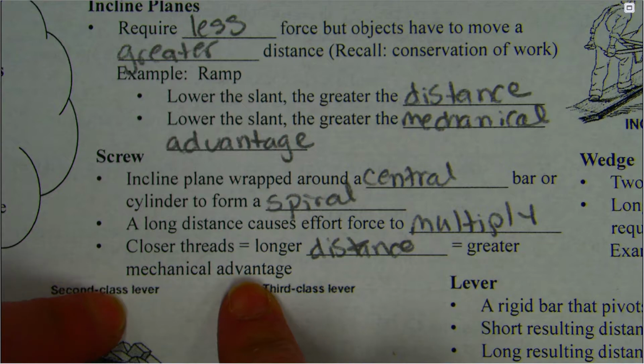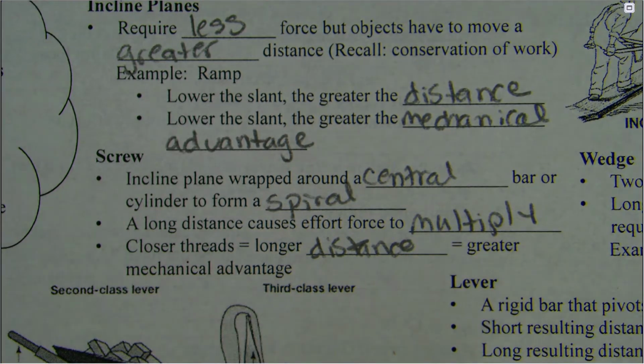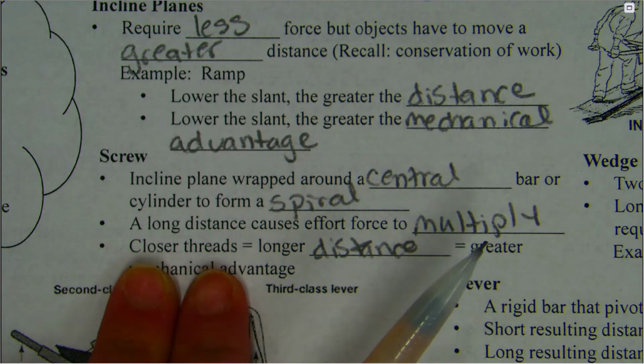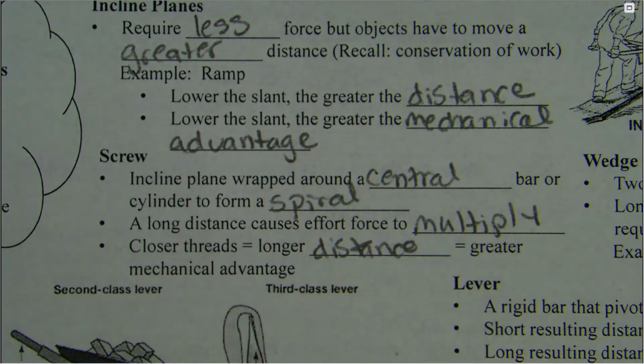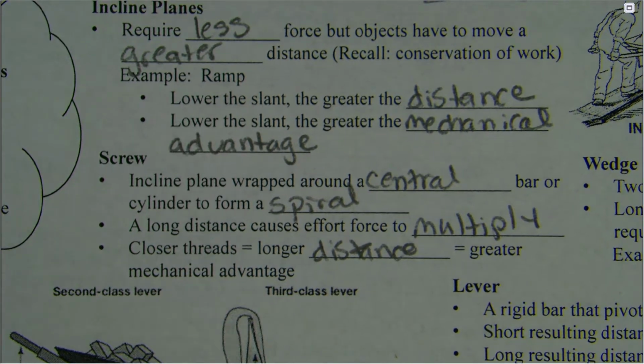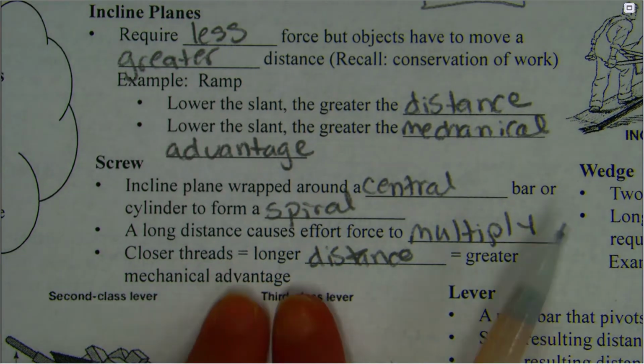If you've ever done any sort of home improvement projects, you may know that there are tons of different types of screws, and every project needs a different screw, okay? Because our threads may be closer together or further apart. It really depends on what we're doing as to what kind of screw we need. So how much mechanical advantage do we need?